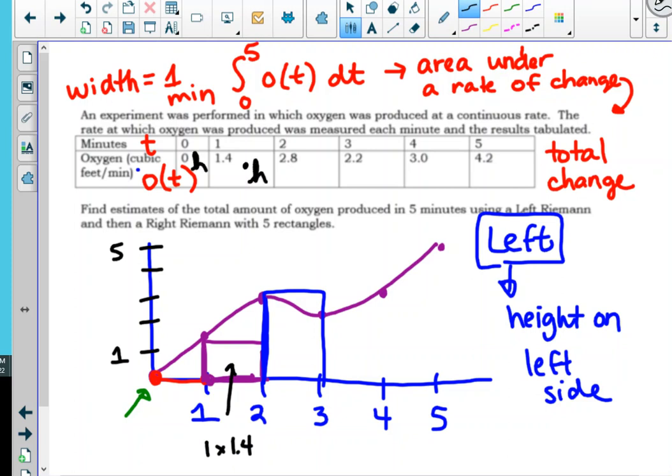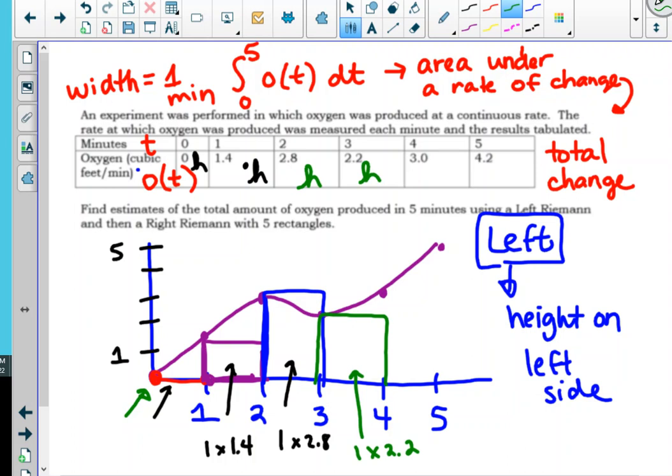The first height is a height of 0, so rectangle number 1 is nothing. Rectangle number 2, 1 by 1.4. Rectangle right here would be 1 by 2.8. This rectangle, 1 by 2.2. So height, height, height, height.